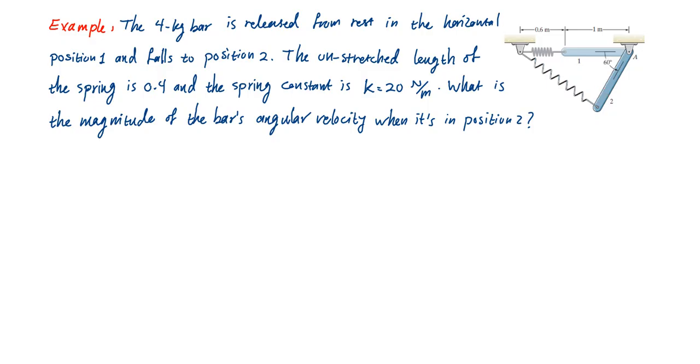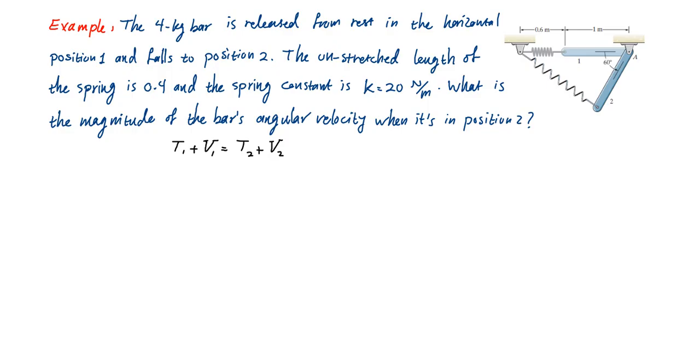Now, there is no non-conservative force. We don't really have any external force or any friction. So what we have is just the work done by gravity and the work done by the spring. So we can actually use conservation of energy. So T1 plus V1 is equal to T2 plus V2.